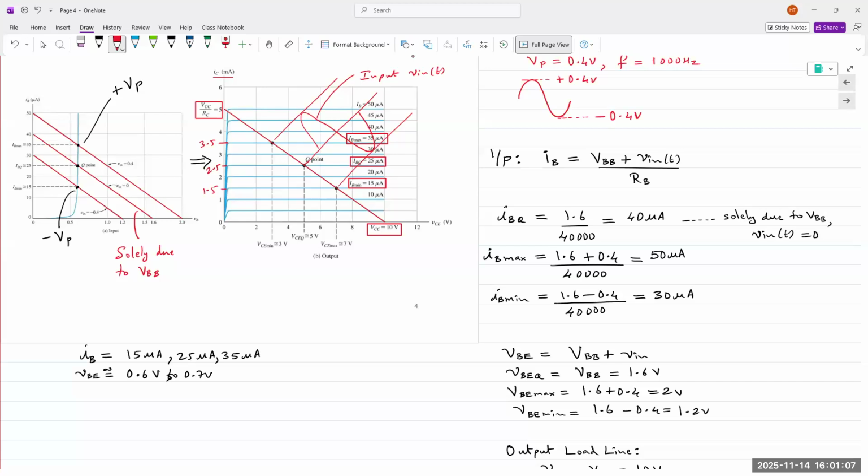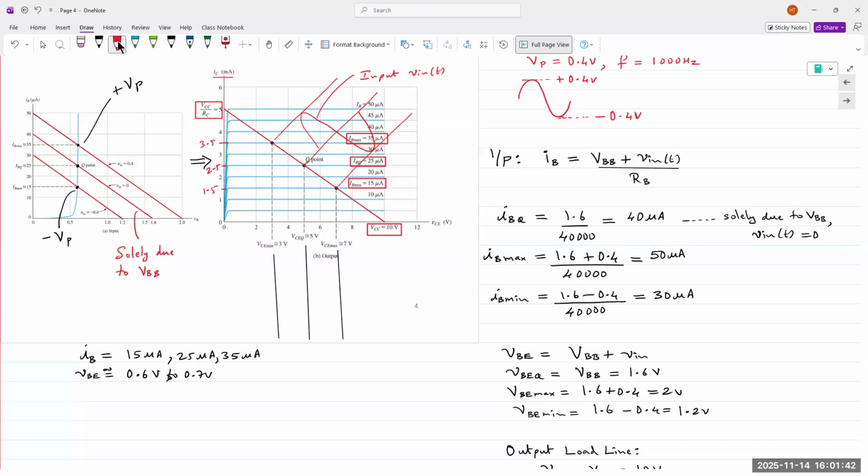However, the more IC increases, the more is the voltage drop across RC. So your output VCE decreases with increasing IC, and output VCE increases with decreasing IC. So the corresponding points for VCE, let's draw it out like this. And that's my output.